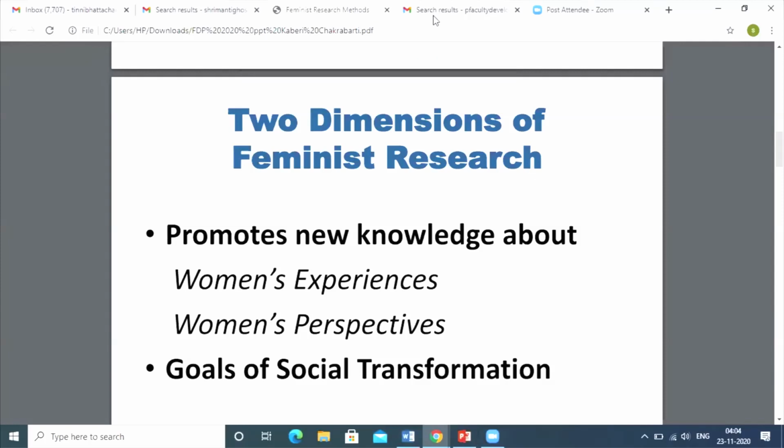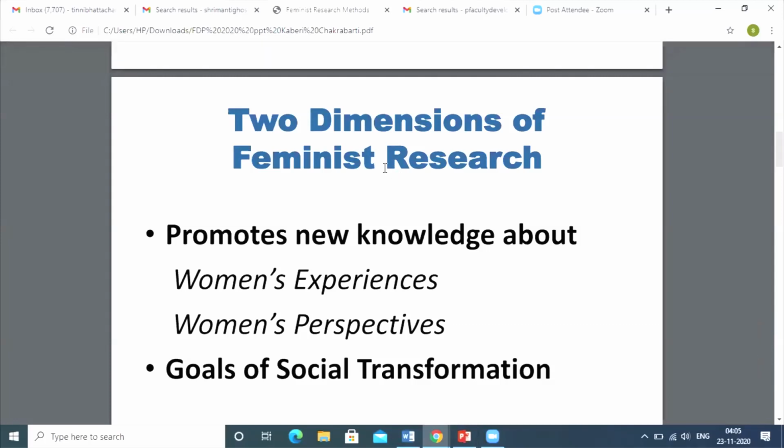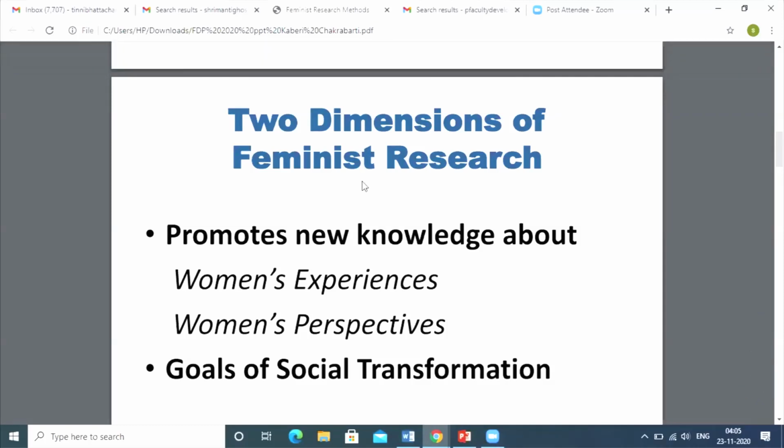So, if we think about the basic dimensions or goals of feminist research, then it actually reflects a critical understanding of research in two terms.